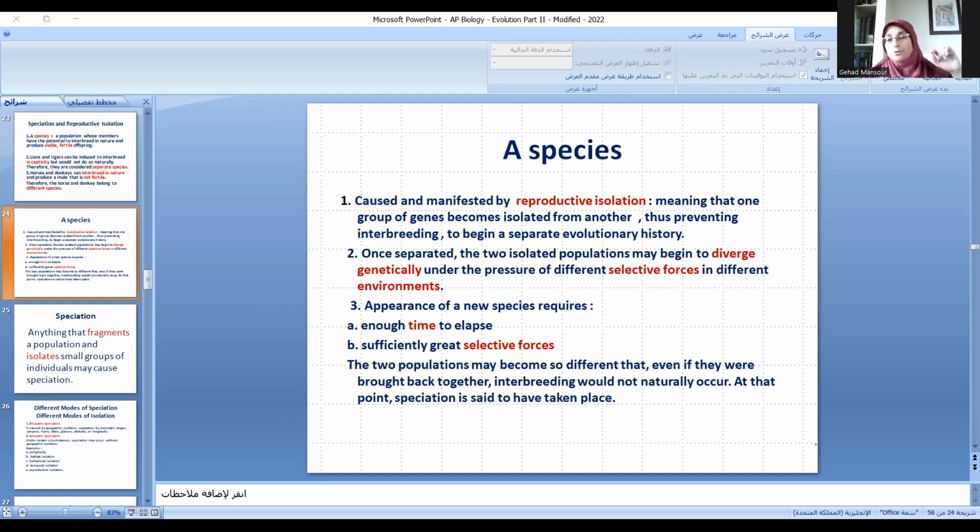Because whatever the type of speciation is, it is based mainly on impossibility of reproduction because of reproductive isolation. So if we go back, that reproductive isolation can be geographic reproductive isolation if we talk about allopatric speciation, or it can just be a functional isolation. Okay.